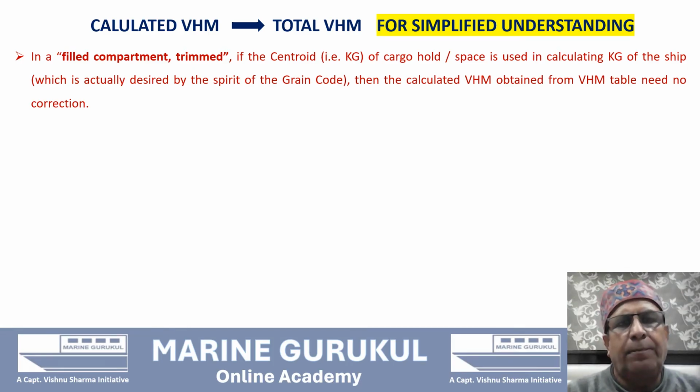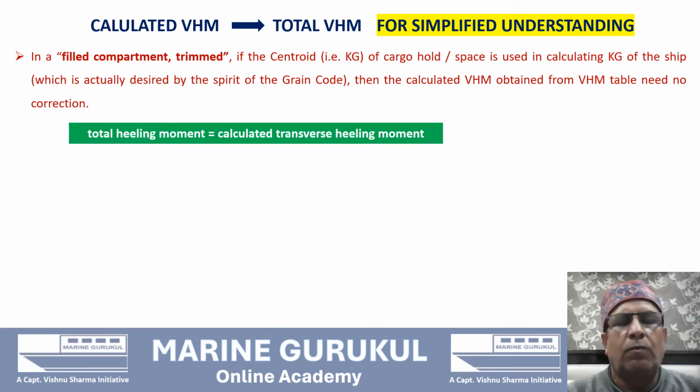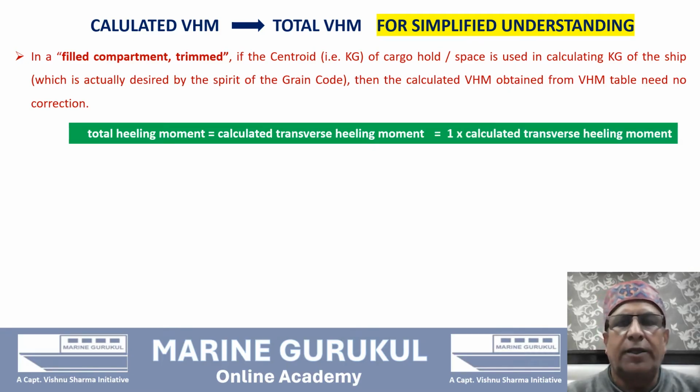In a filled compartment trimmed, if the centroid of the cargo space, that is the KG of the space, is used in calculating the KG of the ship, which is actually the spirit of the code, then the calculated volumetric heeling moment obtained from the VHM tables needs no correction. In such cases, total volumetric heeling moment will be equal to the calculated heeling moment multiplied by 1.